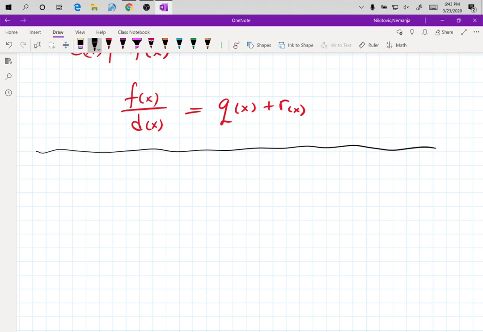I wouldn't recommend you ignore it, because you can save a lot of time in the next section if you learn it very well, because it's way less writing. But it only works if you're dividing by the linear term.